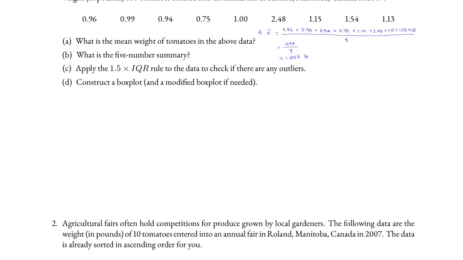Next, to find the 5-number summary, we need to sort the data in increasing order. We see that the minimum, the smallest number in the data set, is 0.75. The next number is 0.94. Be careful when we sort the numbers.